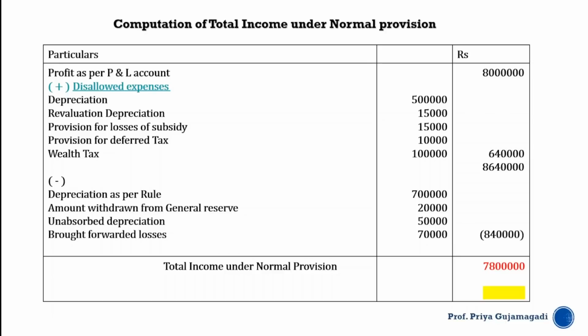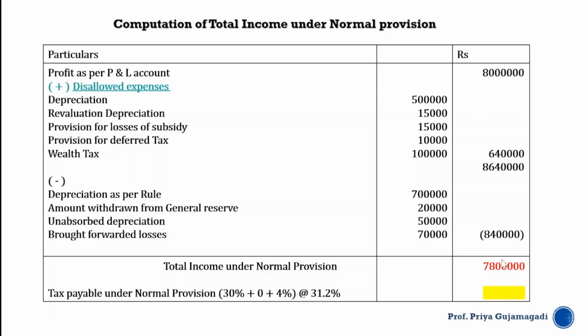Now on this 78 lakh we need to calculate tax. Tax payable under normal provision is 30% plus surcharge plus 4%. Here they have not given in the question how much tax is to be paid. So 30% and 4% is common for all, but surcharge we need to decide on the total income. In this problem, total income is 78 lakh, that is less than 1 crore.